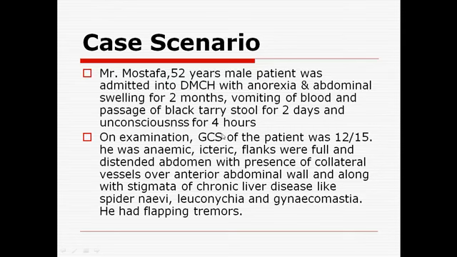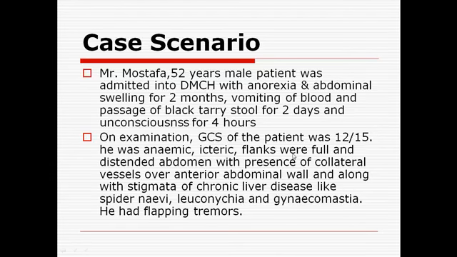If you examine, we will find GCS 12 by 15, anemic. Why anemia? Because of the deficiency of hematinics. Why icteric? The liver is not able to produce bile. And why ascites?